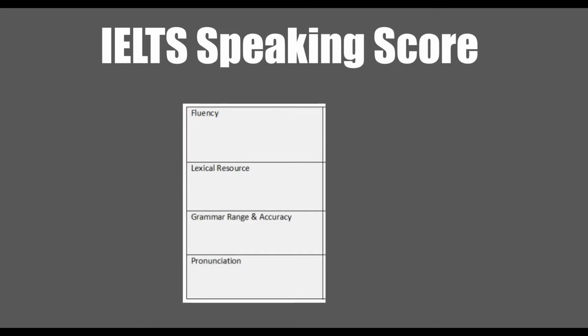On the cue card you can see questions like where do you go to travel, and with whom do you go to travel. But the main things are fluency, grammar and accuracy, lexical resource and pronunciation.